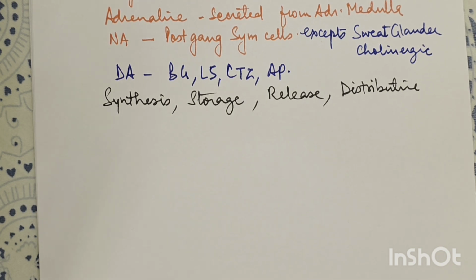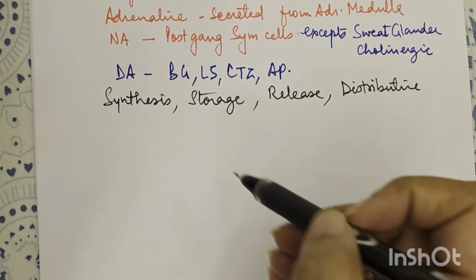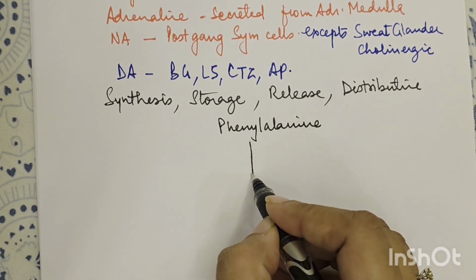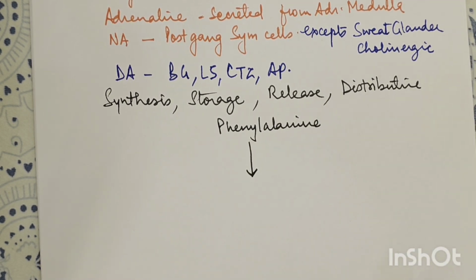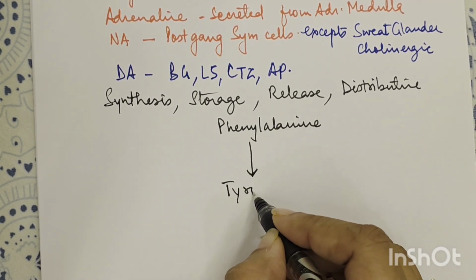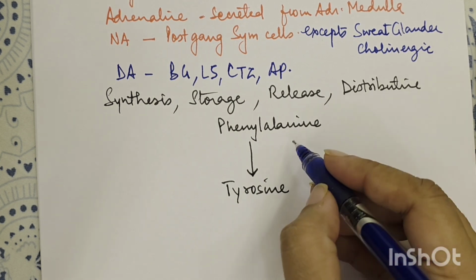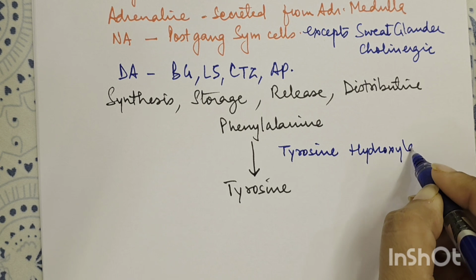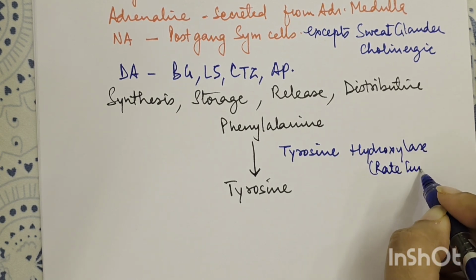Now here you will see that the first compound is phenylalanine. Adrenaline, noradrenaline, all catecholamines are derived from phenylalanine. It is converted to tyrosine by the enzyme tyrosine hydroxylase, and this enzyme is rate limiting.